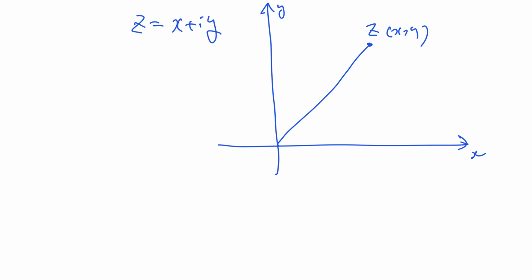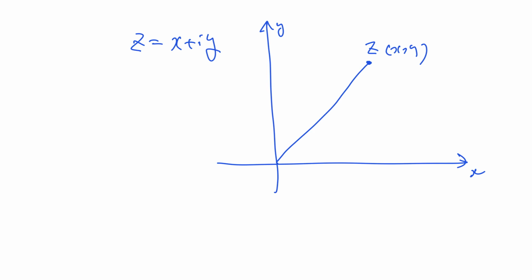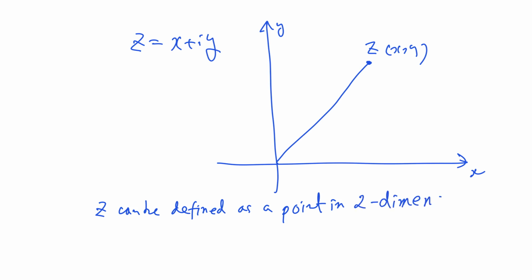So a complex number can also be defined as a point in the two-dimensional Cartesian plane. The Cartesian coordinate is actually named after the French mathematician Descartes.